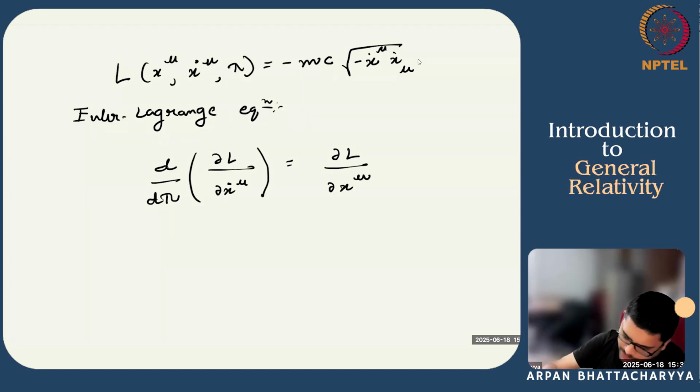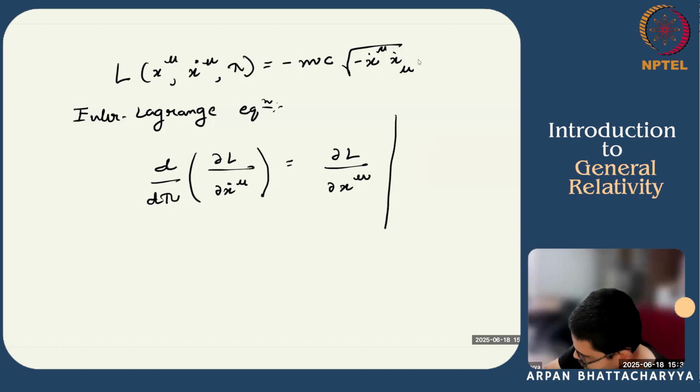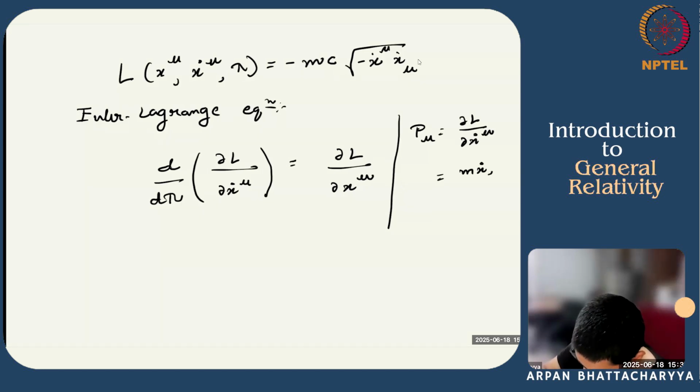Now we know that for the point particle case, this is 0 because the L does not involve any x mu's explicitly. Only it has the canonical momenta, which we will denote as p mu, and this gives m x dot mu over the square root, let's say alpha.